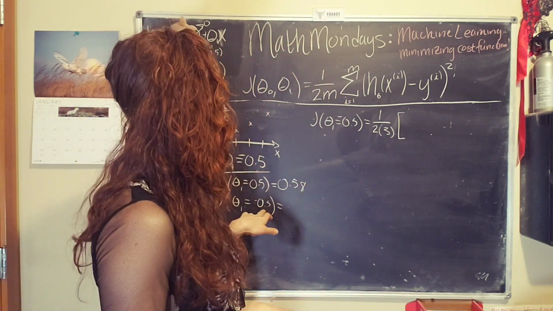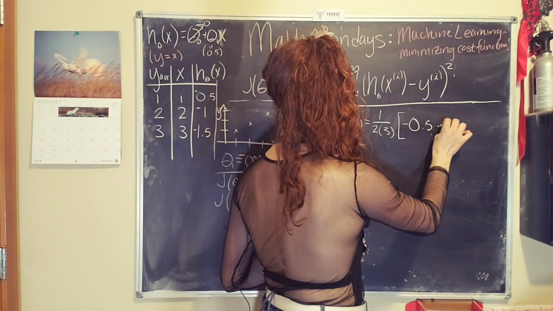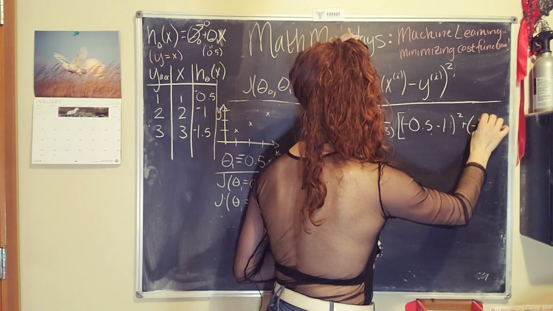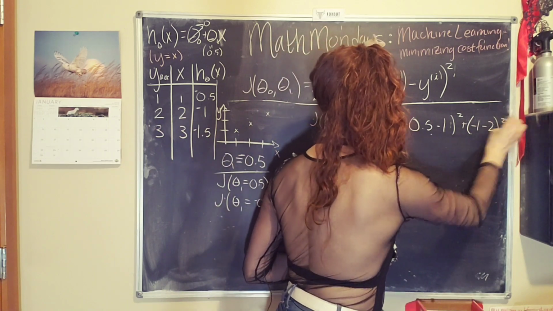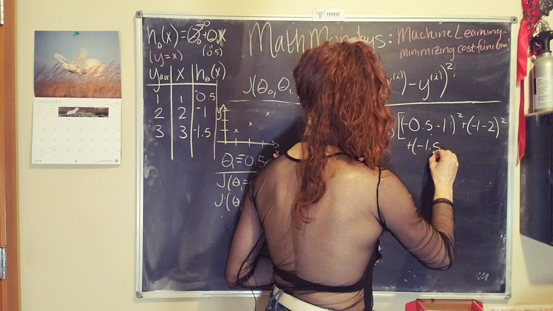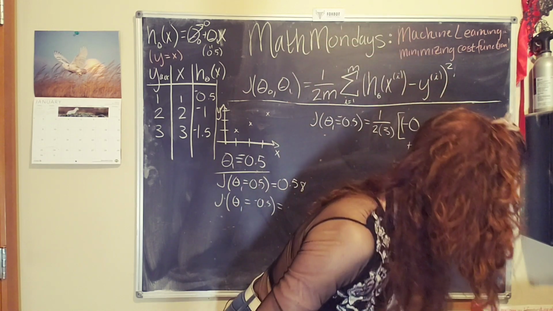Okay, so we have negative 0.5 minus 1 squared plus negative 1 minus 2, is that right? Yeah. Squared plus negative 1.5 minus 3 squared.